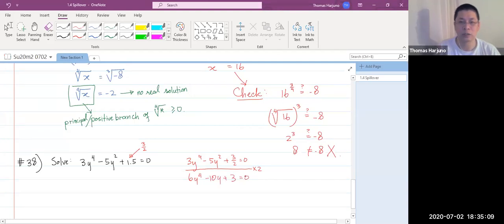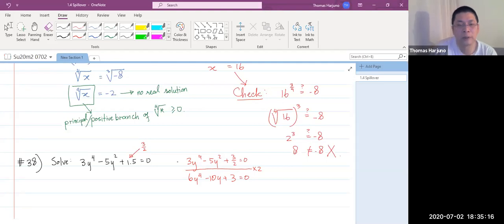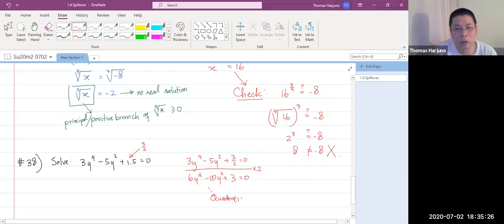And you will see this is not factorable. So you will proceed using the quadratic formula. This is a square, that's a quadratic-like equation.